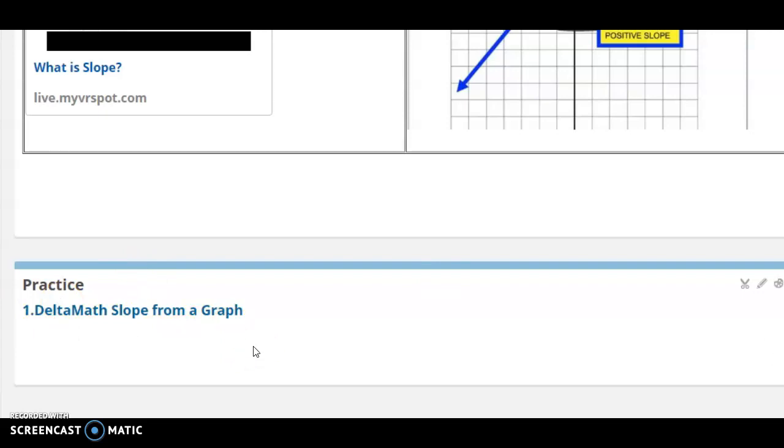Because there are so many Delta Maths assigned, it's just really important that you're looking at the title and doing them in order that they're assigned. Okay, so make sure that you're going to Delta Math and you're doing them in order, looking at the title assigned in step 1, and then in step 2, and then in step 3, and so on and so forth. Okay, because with each step, there's a new skill. So you want to be successful on your Delta Math practice so that you're getting the most out of it.